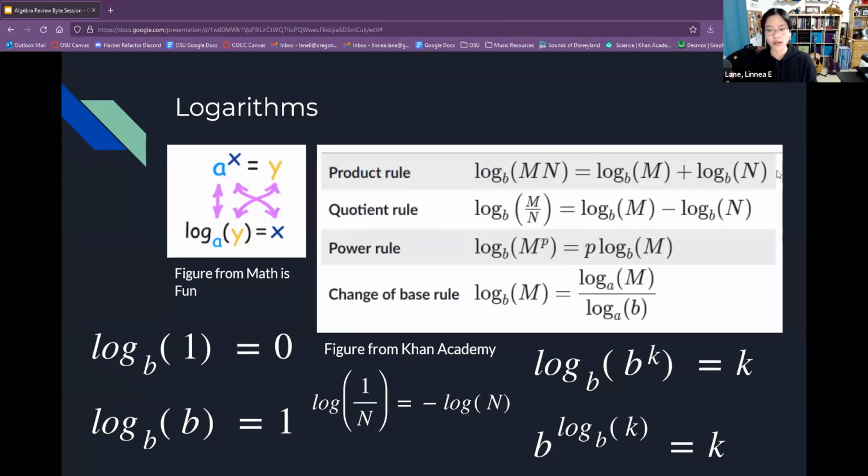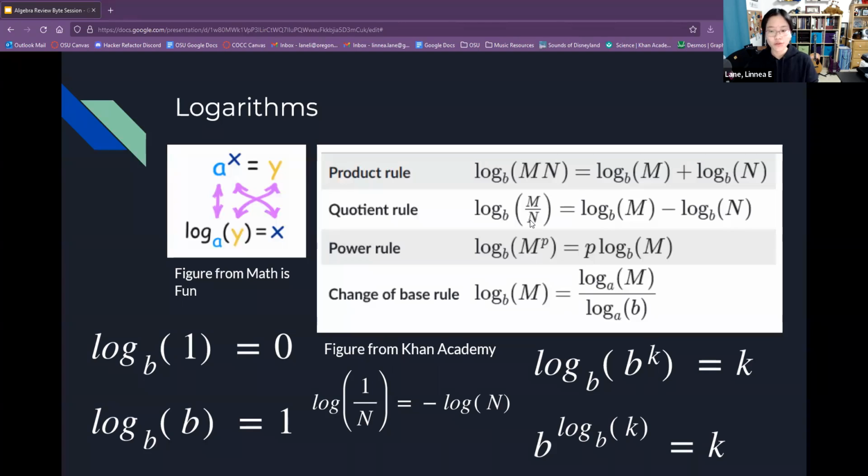They can be rewritten a couple different ways depending on what you are given. They're kind of similar to the exponent rules. You have a product rule where you can separate out or combine logarithms using addition, or you can combine them again into one log and multiply the contents of your log together inside one log.